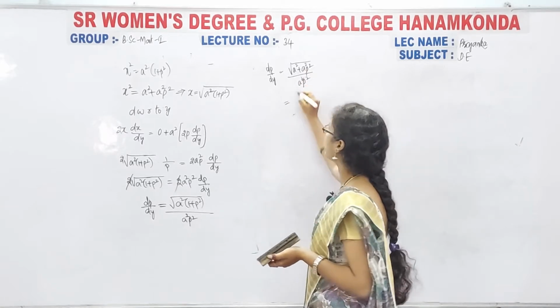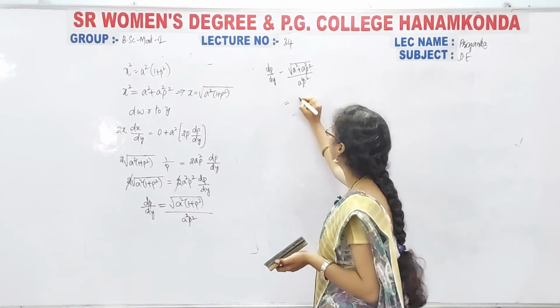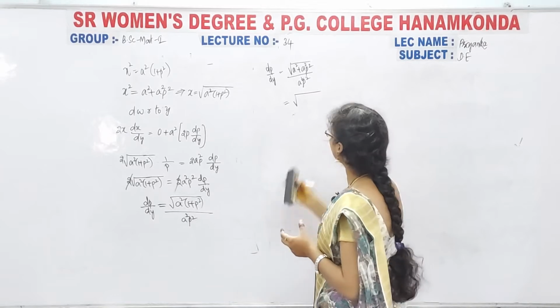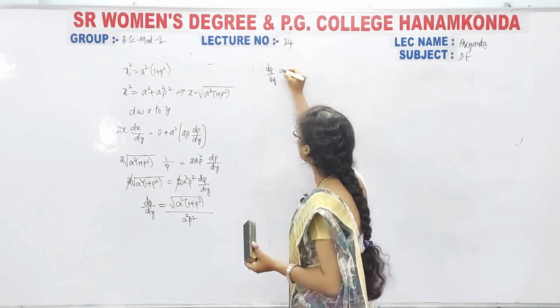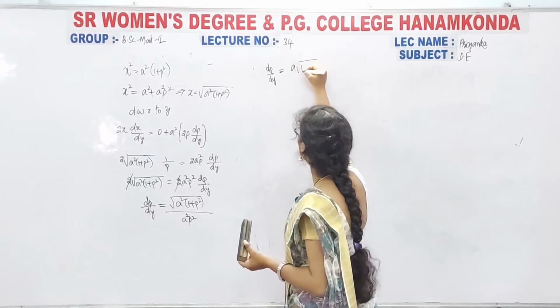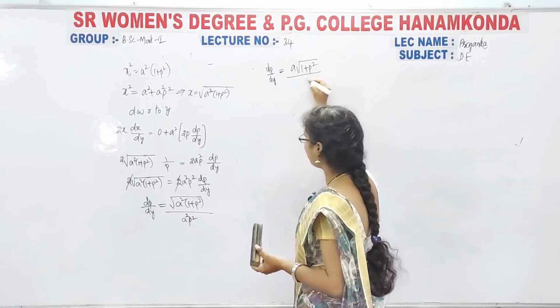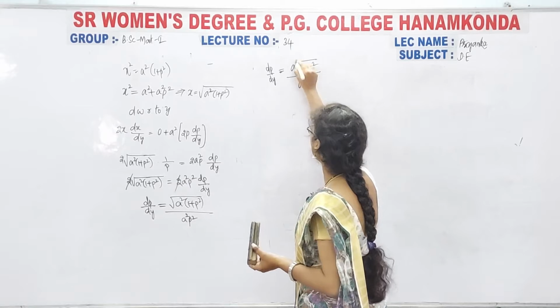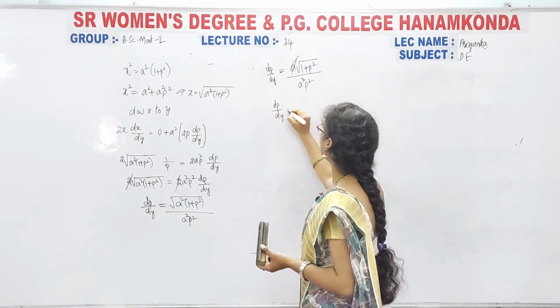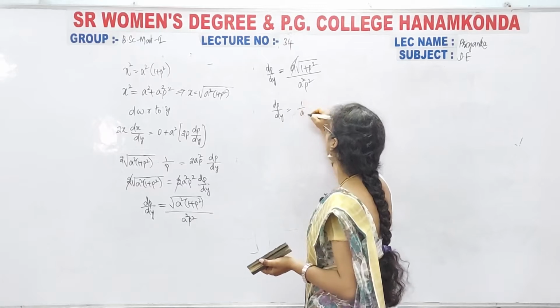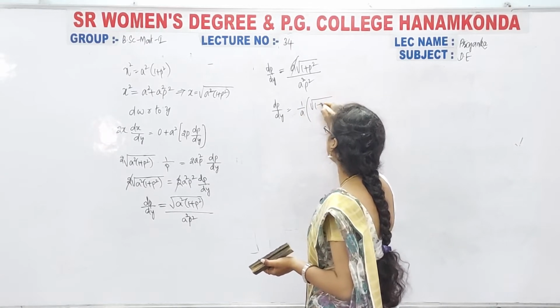Now I take a square common, so under root of it gives a under root of 1 plus p square, whole divided by a square p square. Now a gets cancelled.